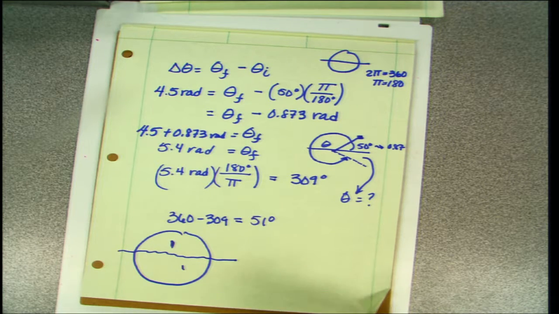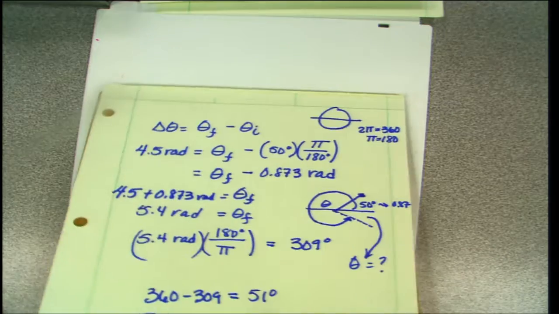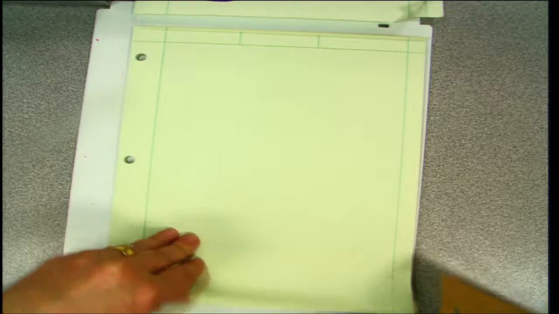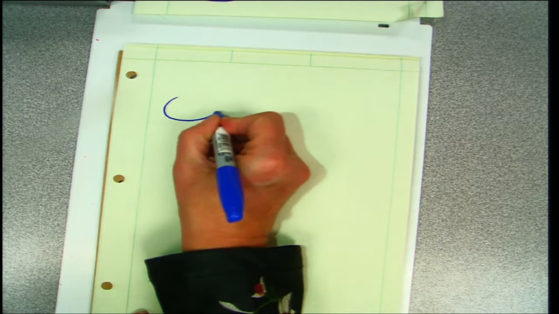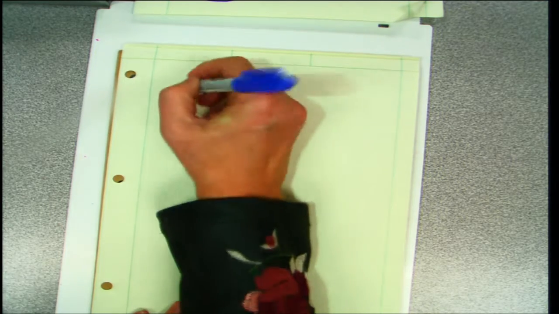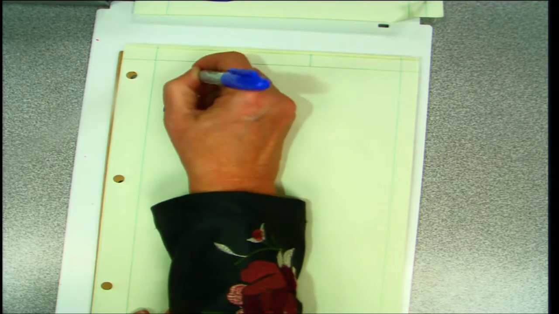What really happens is my angle is going to end up like this if I'm rotating in that direction. And if I'm rotating this direction, that's going to have me going that way.